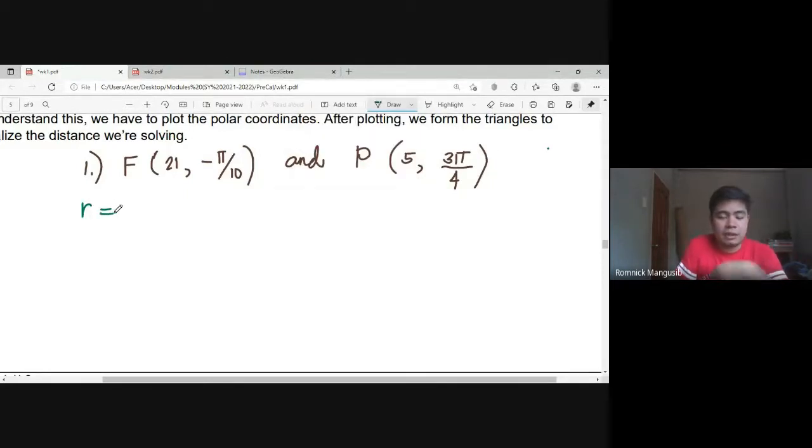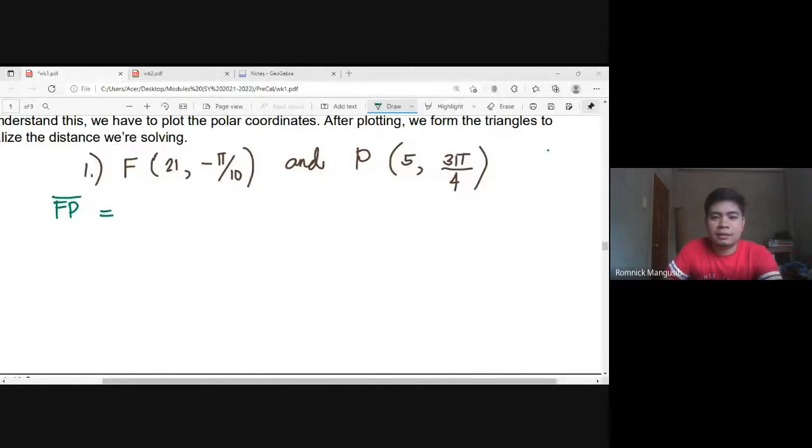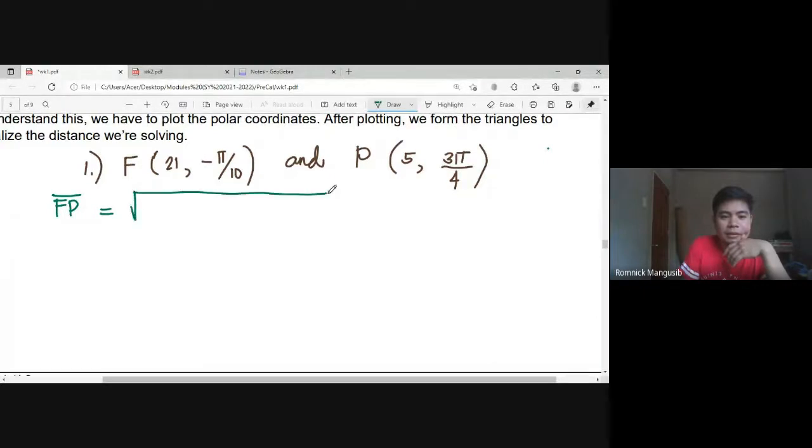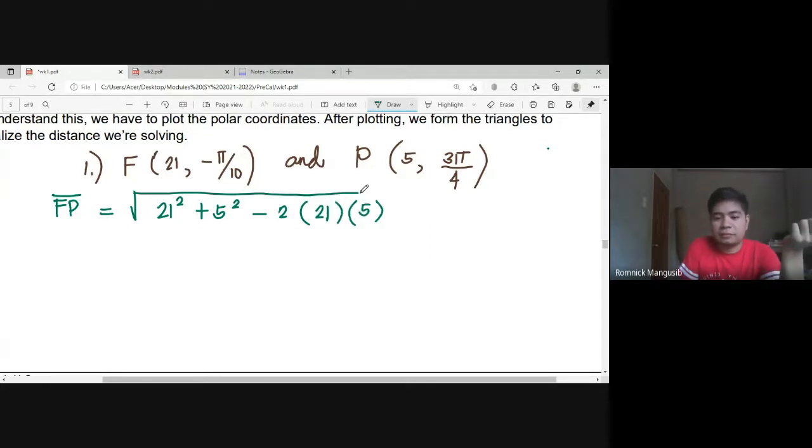that distance. The distance between PF or FP line segment is equal to, okay, square root of 21 squared plus 5 squared minus 2 times we have 21 times 5 times cosine of what?